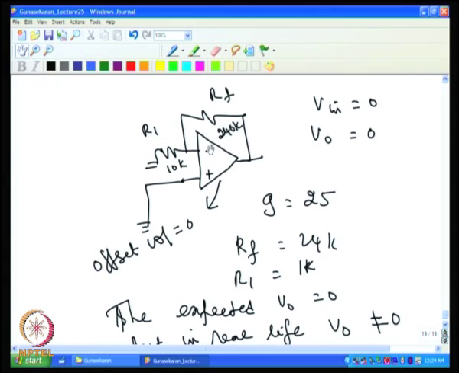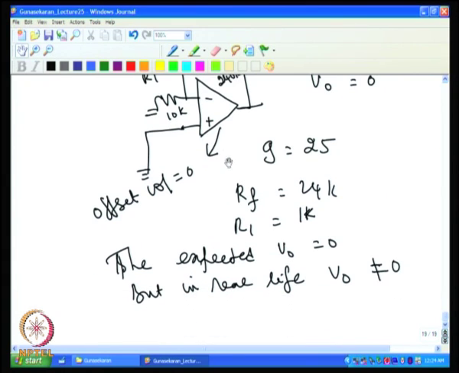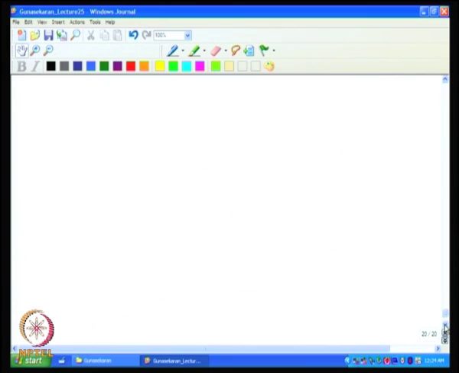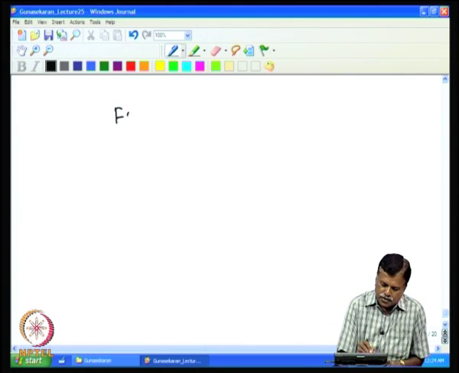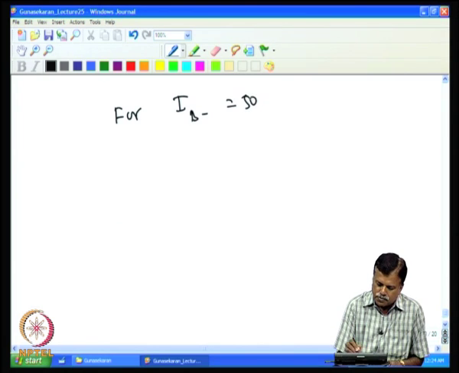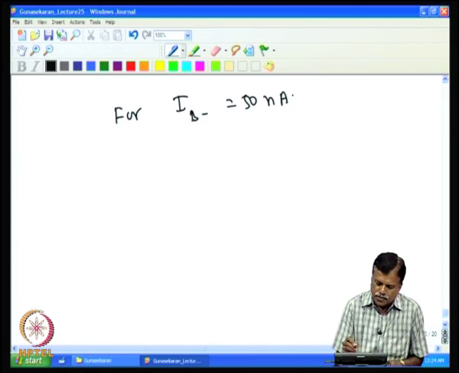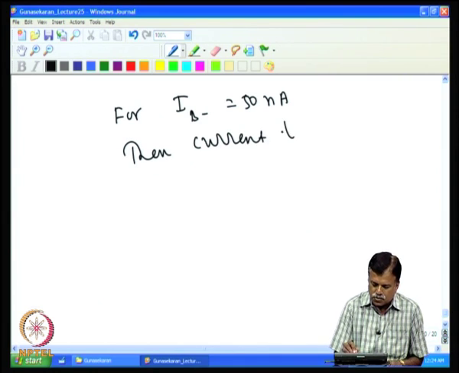For example, if it is a 741, the bias current is 50 nanoampere, so IB minus is equal to 50 nanoampere, and the current through RF is equal to 50 nanoampere.